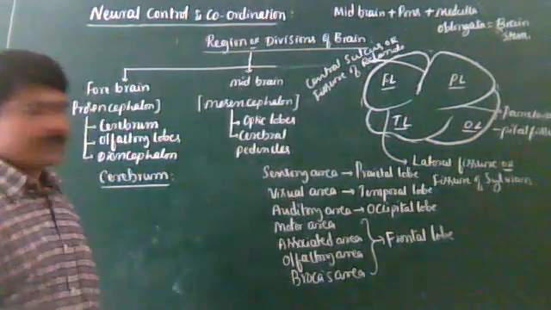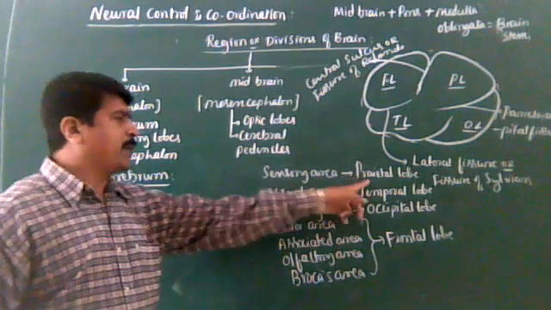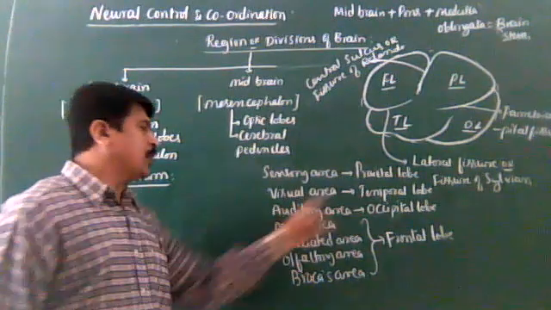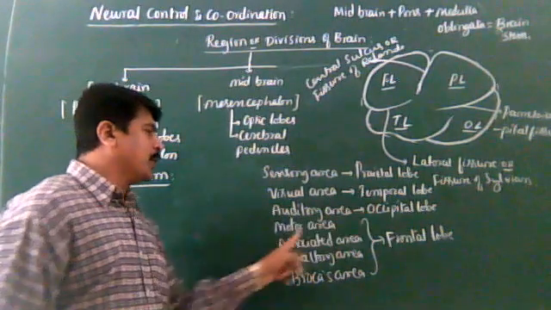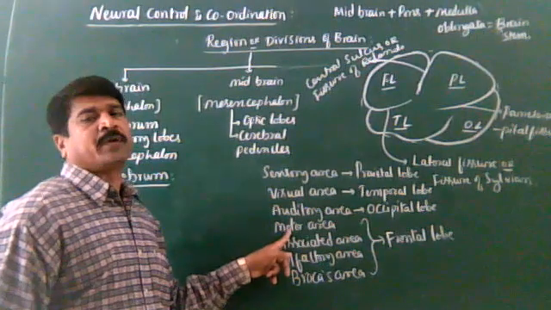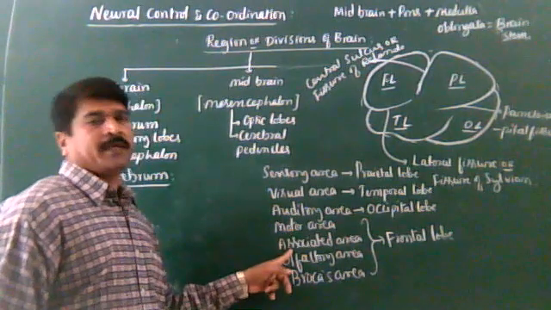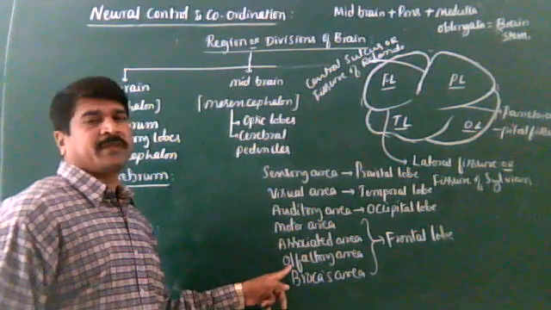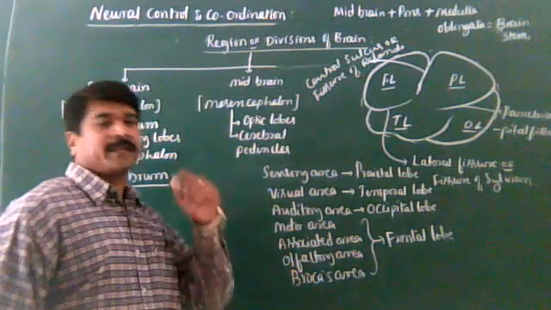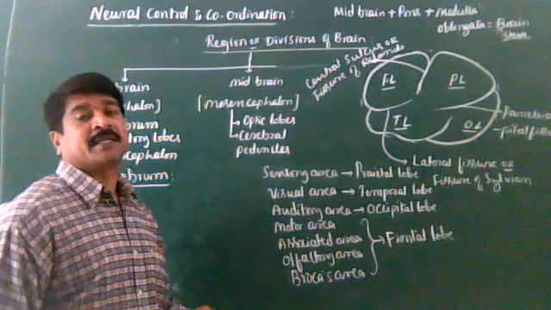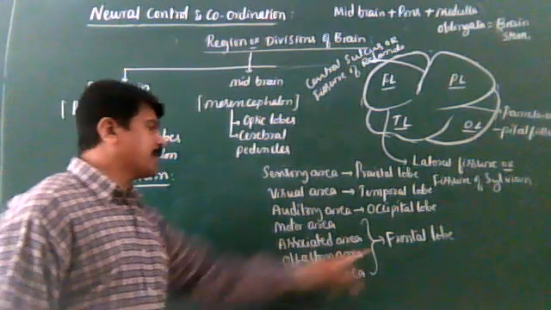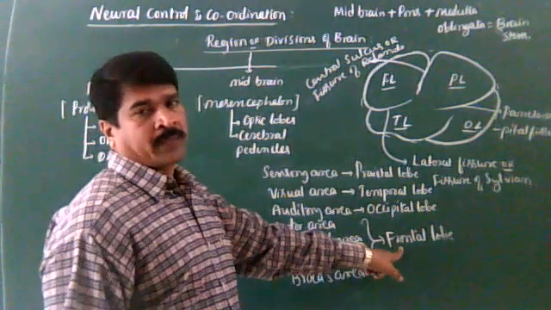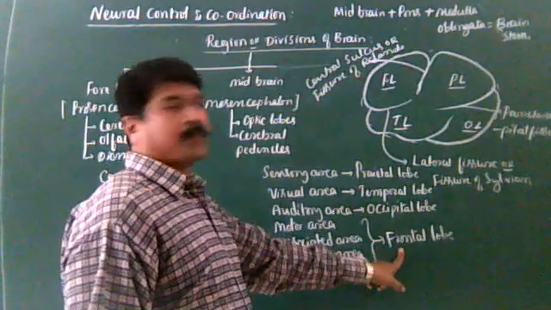So, okay, listen to me. Sensory area, parietal lobe. Visual area, temporal lobe. Auditory area, occipital lobe. Motor area is concerned with the motor impulses. Associated area performs different functions. Olfactory area is concerned with the smell. Broca's area is concerned with the speech. All these areas are present in the frontal lobe.